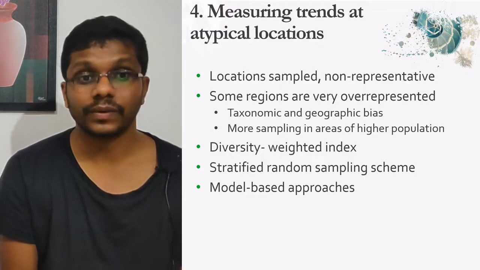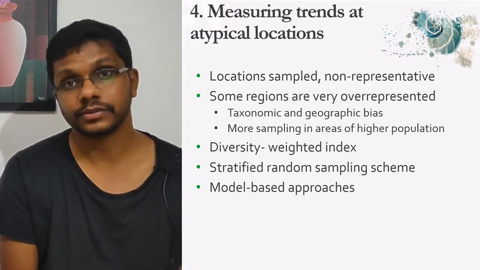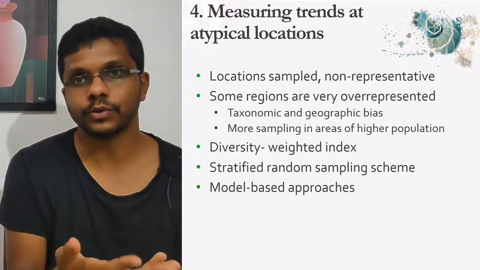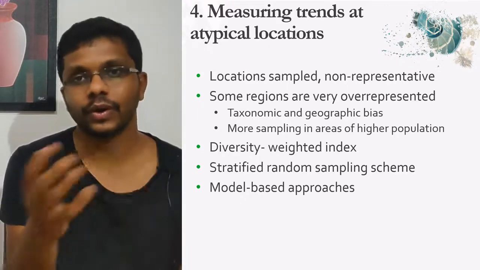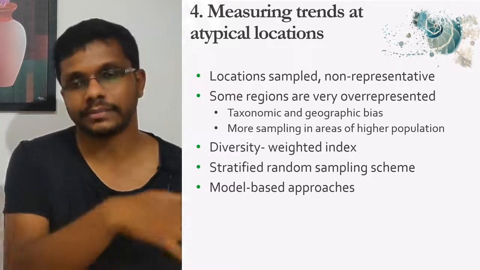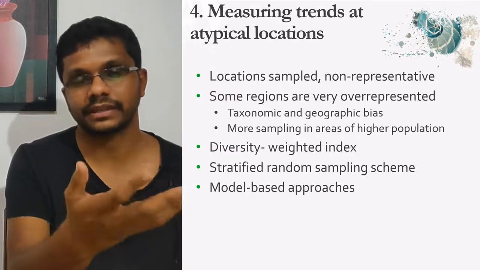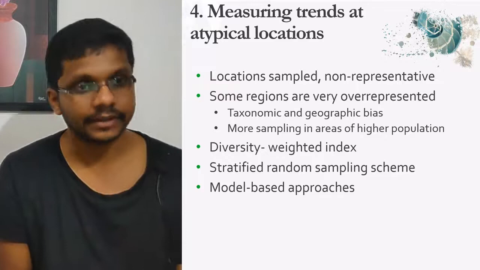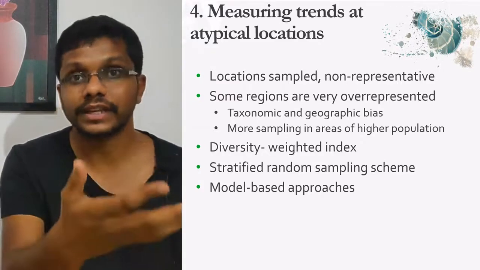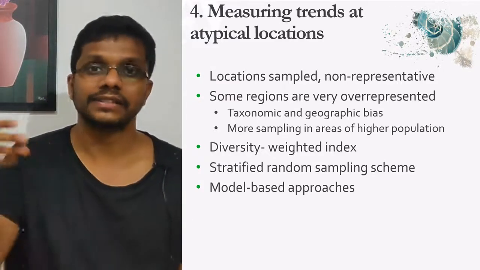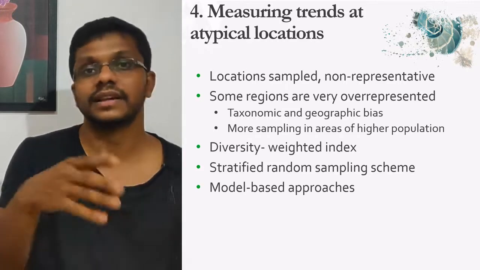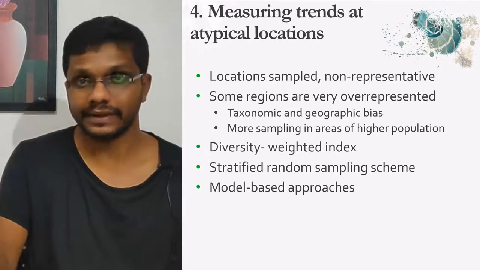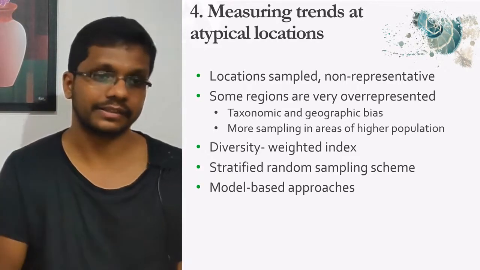Some regions are overrepresented because it may be easy to go there, or people know about that region. If you know some butterfly gardens or places where butterflies or birds are usually abundant, more sampling will occur only in those places. Other places are totally missing. Maybe there are some areas where birds are abundant, but no sampling is taking place.